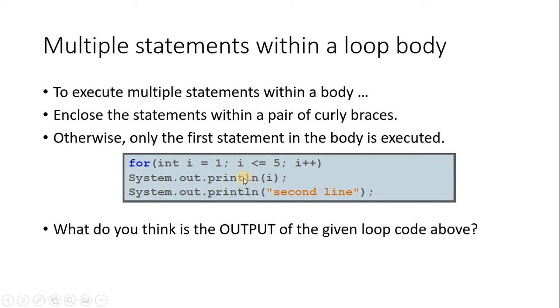It considers the body as a single statement. Once the loop is over, the second line will be printed. If you have multiple statements, we have to be careful about what you want to perform, both lines or a single line. If you are going to have multiple lines, we should put them inside curly brackets as the body.